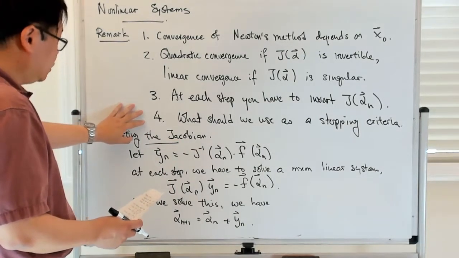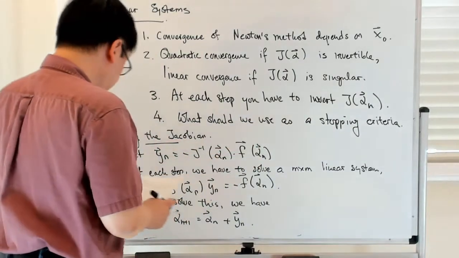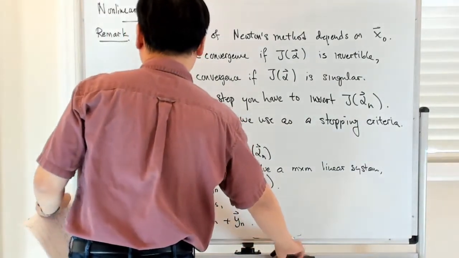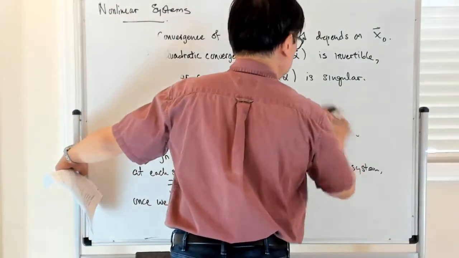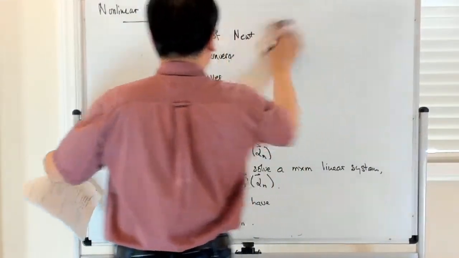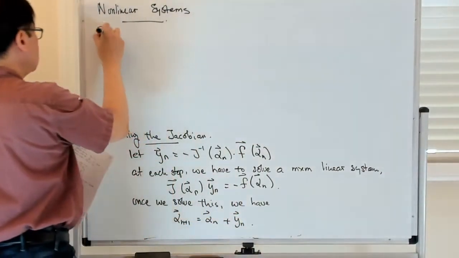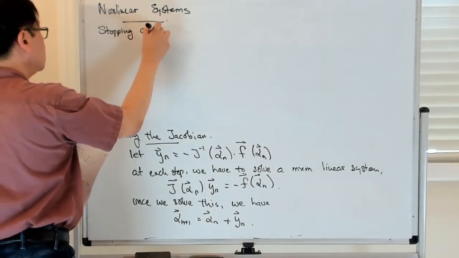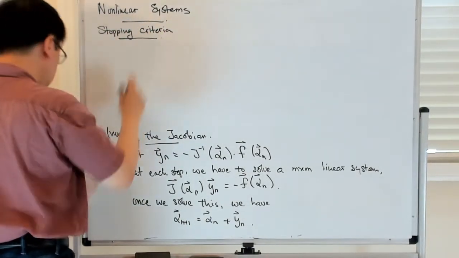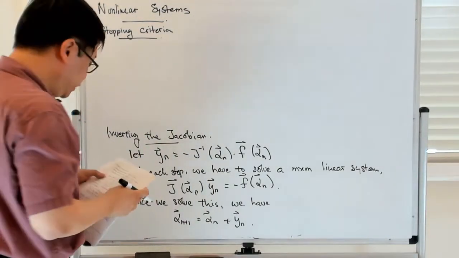Okay, so that addresses the issue of inverting the Jacobian, and then the other issue I wanted to briefly address is the stopping criterion. We had seen various types of stopping criterion before.